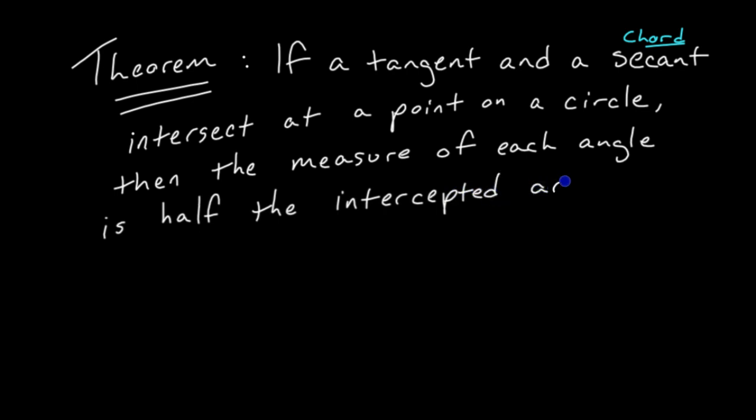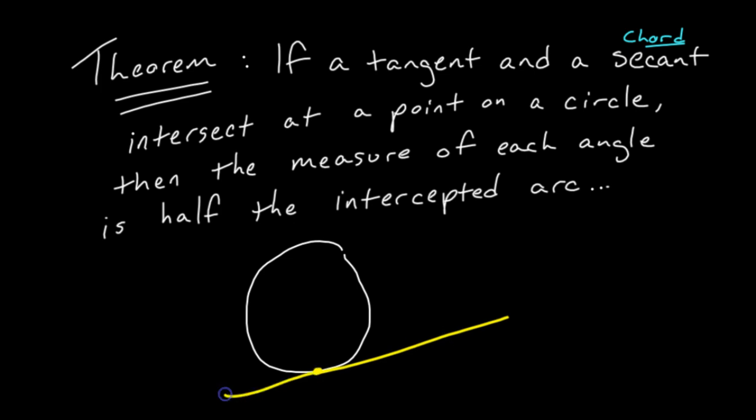These theorems will make a lot more sense once we have some diagrams to help with the explanation. So we'll go ahead and draw out a circle here, and we'll throw a tangent line in yellow here, and also a secant line coming off of that. Then in orange, it looks like a chord. That's what we're looking for.